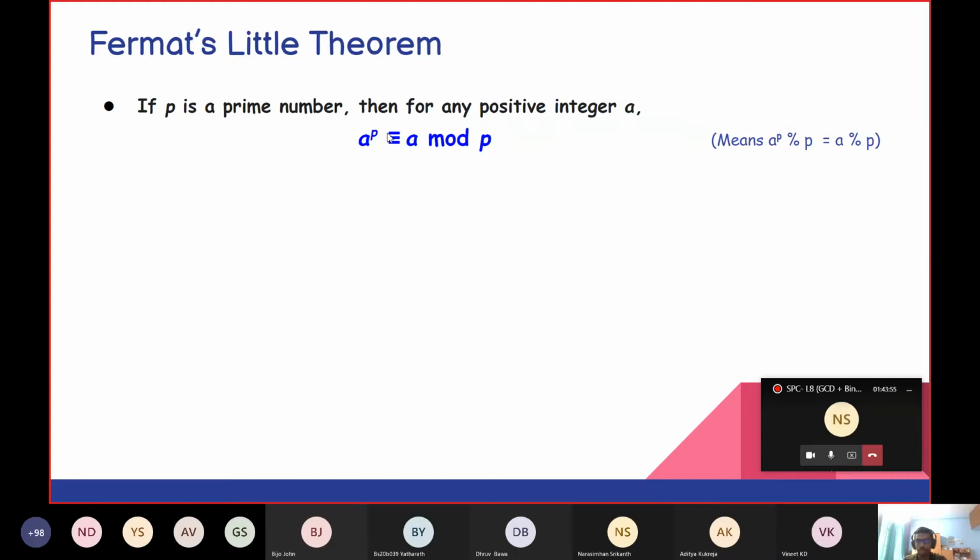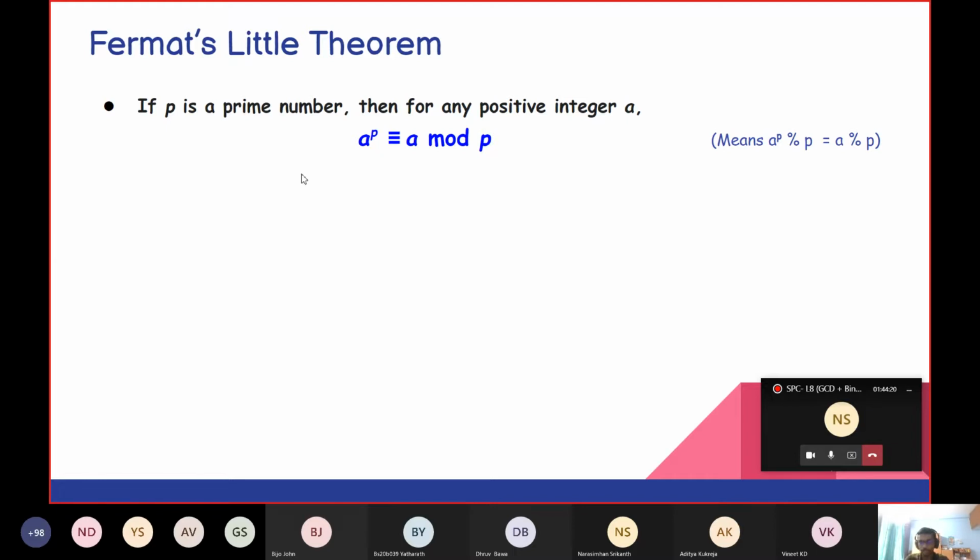When I say a is congruent to b mod p, that means both a and b give the same remainder when divided by p. So if a is congruent to b mod p, then a % p equals b % p. Essentially, with respect to modulo p, both are identical. Both numbers on either side of the congruent sign give the same remainder when divided by p.